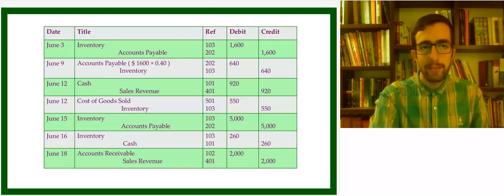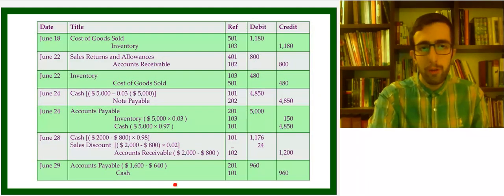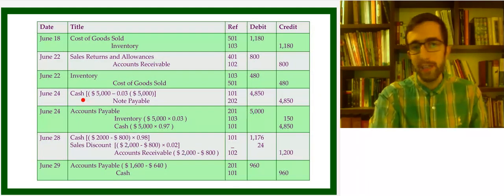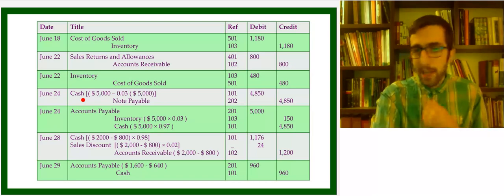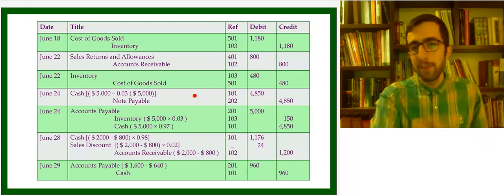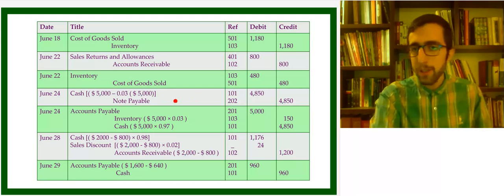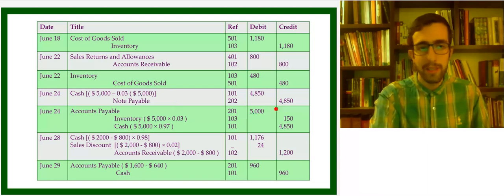So we have two entries. For June 22, we put the cash account on the debit side because we received money from the bank, and the amount was $4,850, and notes payable, because we signed the note, $4,850 on the credit side.